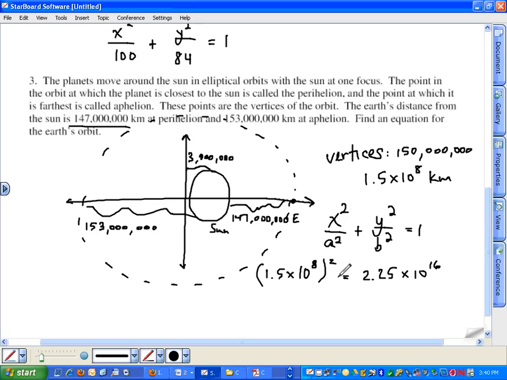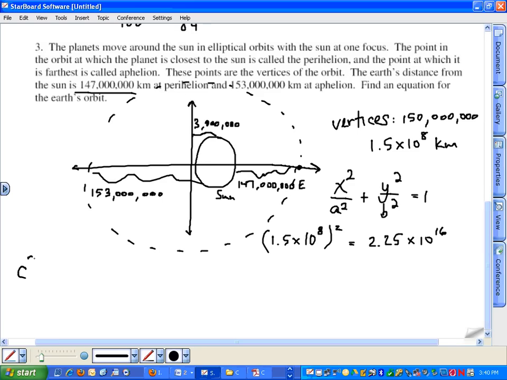What we need to find out now is the value of b squared, and like the problem above it, problem 2, we need to use the formula c squared is equal to a squared minus b squared. Now c is the location of the foci. The sun is the location of one of the foci.